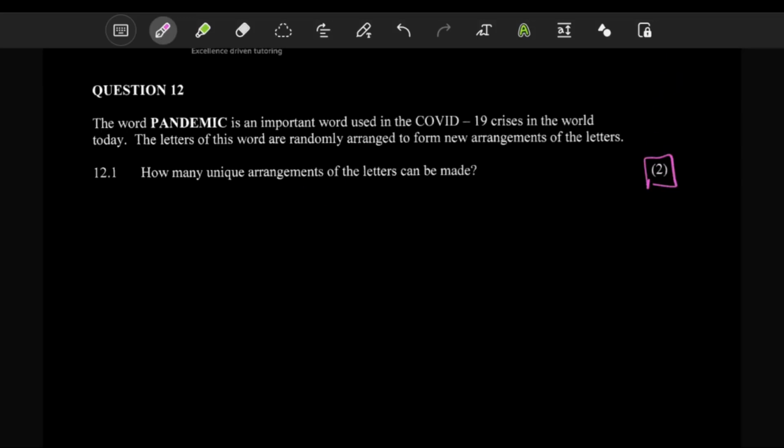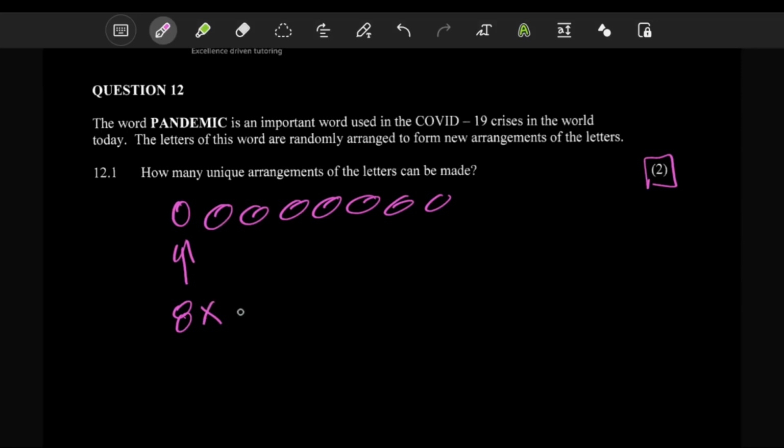Well, it is just 1, 2, 3, 4, 5, 6, 7, 8 letters. The arrangement there is just 8 factorial because you have 8 slots. Here you can put one of 8 letters. The moment you put one there, there's 7 options left for the second one.